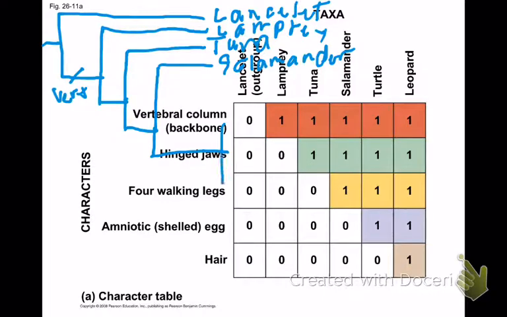And then finally, we have the turtle, which has an amnion but no hair. And the leopard, which is a mammal, which has hair.